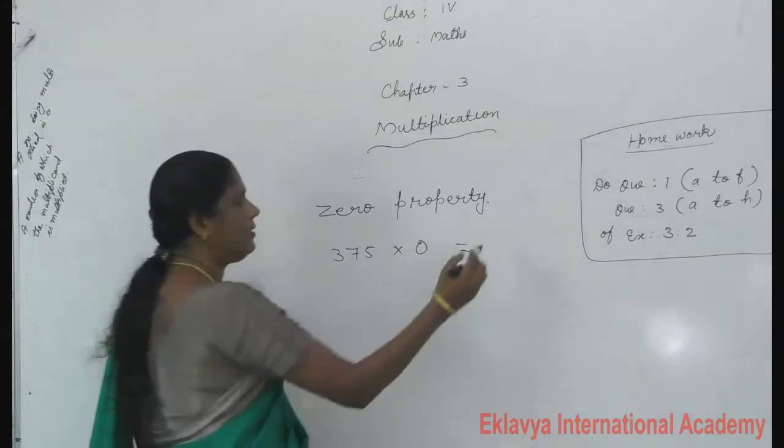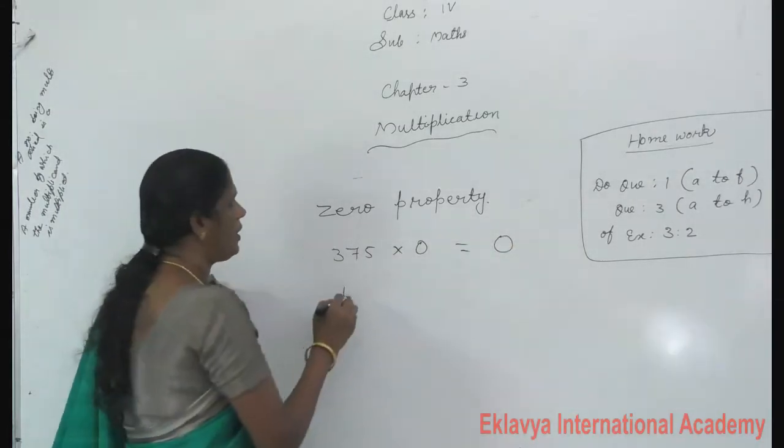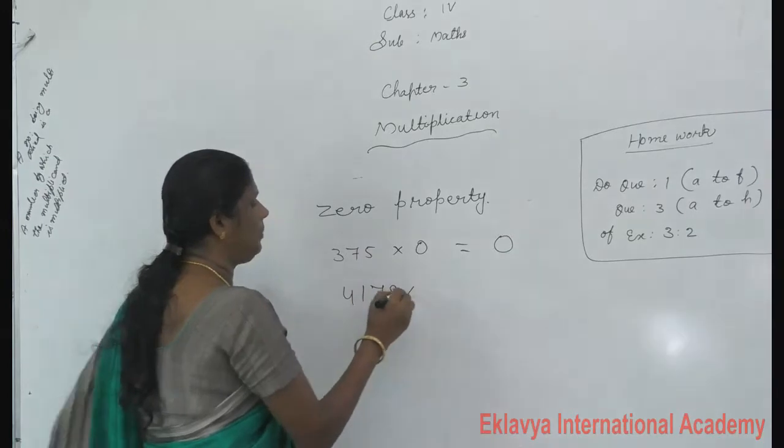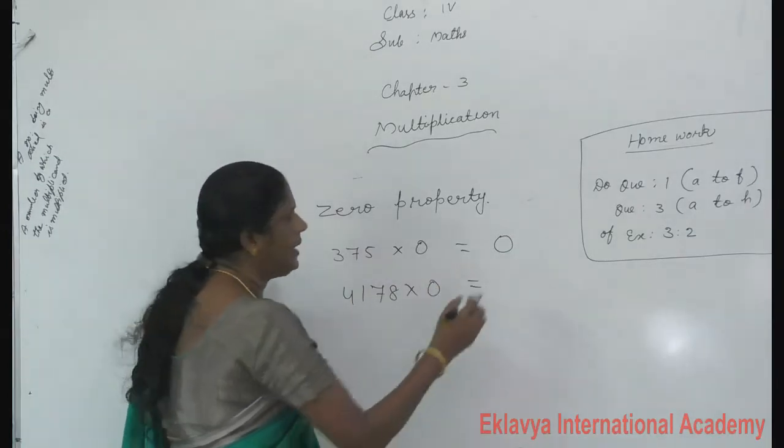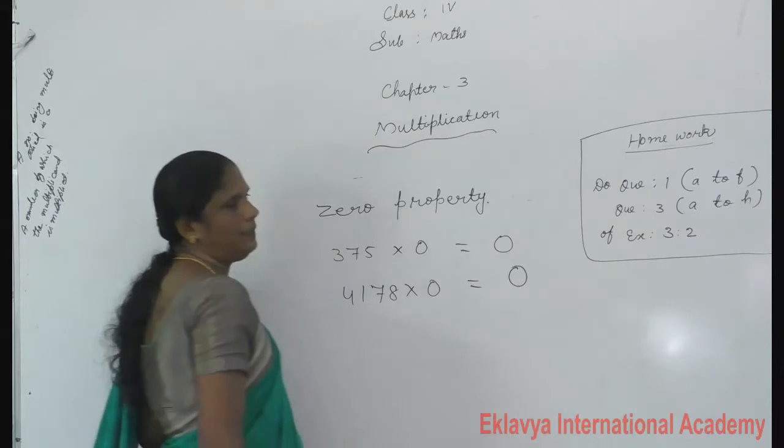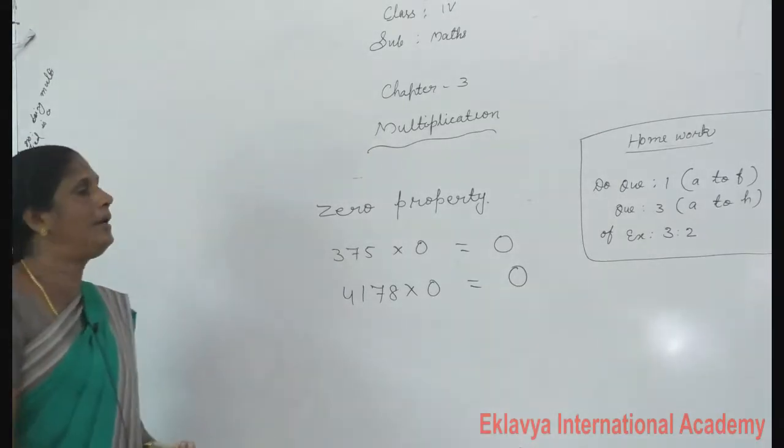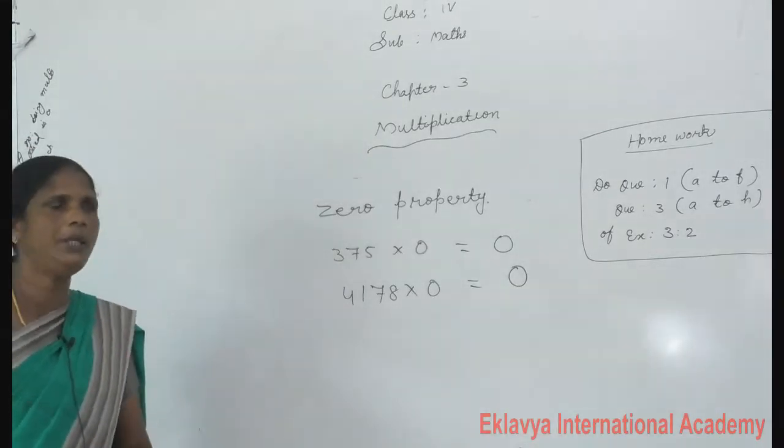What is the answer? 0. 4178 multiplied by 0, the result is 0. This property is called the zero property.